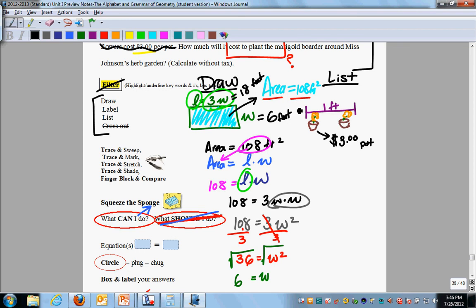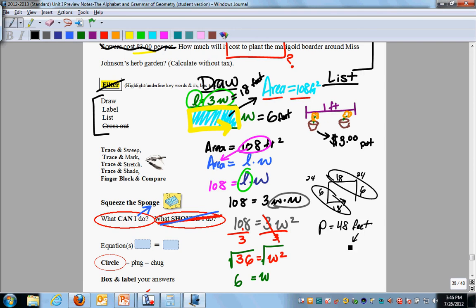Now we're trying to work a border, so I'd like you to physically, if you didn't do so, trace the border. Border is not an area concept, it's a perimeter concept. So we're going to find the perimeter, like so, by adding 6 and 18, 6 and 18. 6 and 18 is 24. That's 24, so our border, our perimeter, is 48 feet.